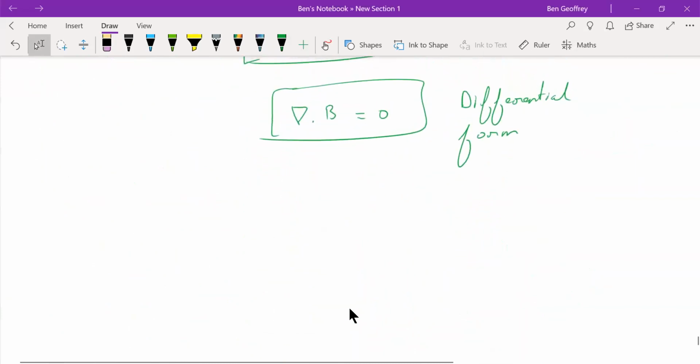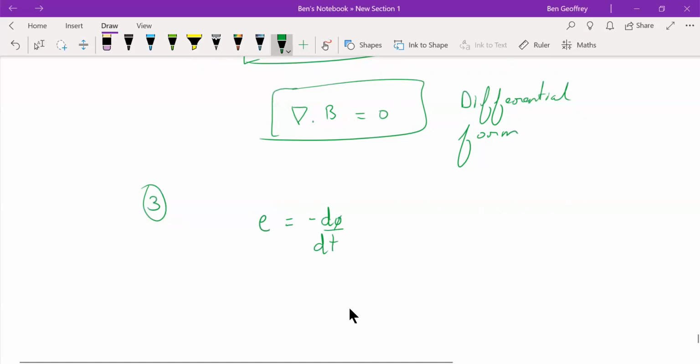The next Maxwell equation comes from Faraday's law of electromagnetic induction. What does Faraday's law say? EMF induced is equal to minus d phi by dt. So the rate of change of flux is equal to the EMF induced. This is the statement you would remember from your 11th and 12th classes.